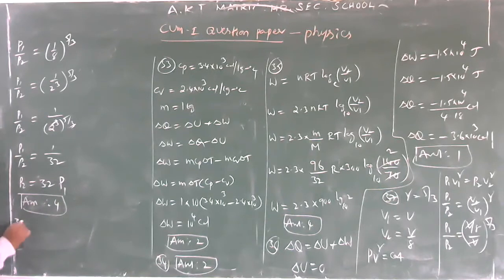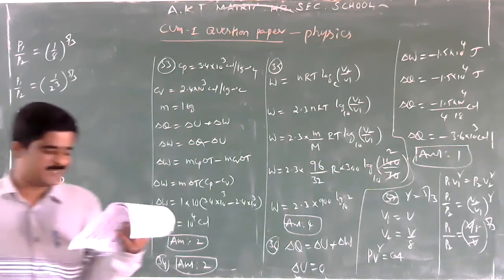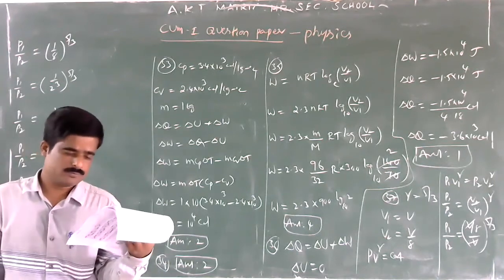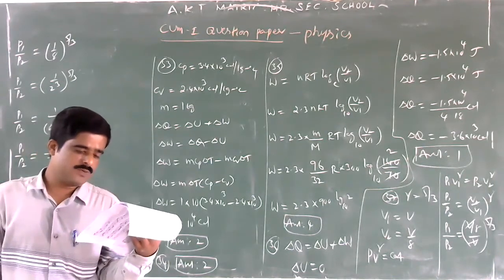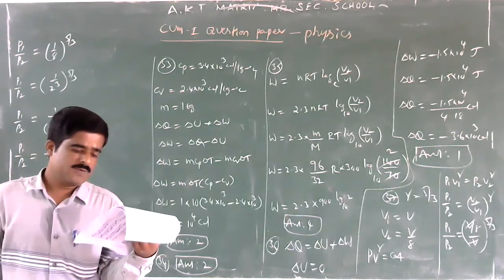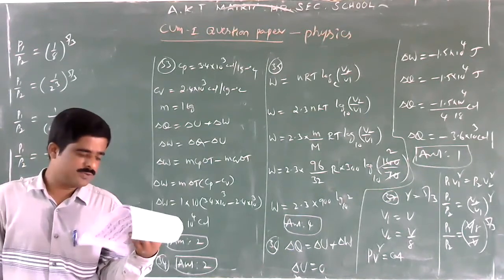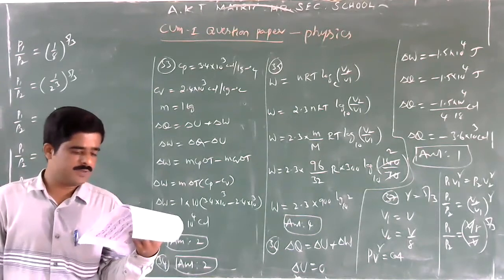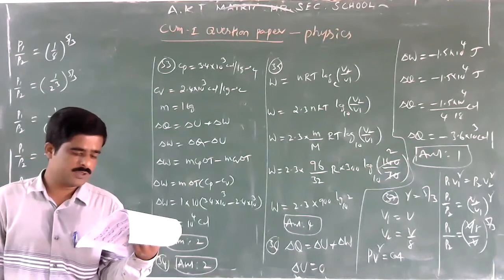Next, question number 38. 2 moles of an ideal monatomic gas at 27 degrees Celsius occupies a volume of V. If the gas is expanded adiabatically to the volume 2V, then what is the work done by the gas?